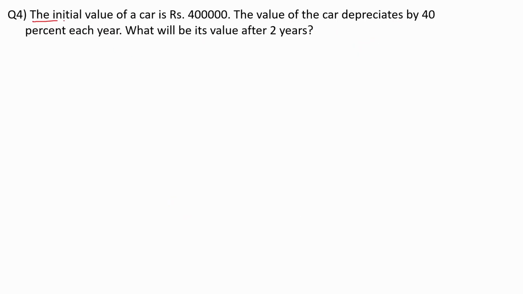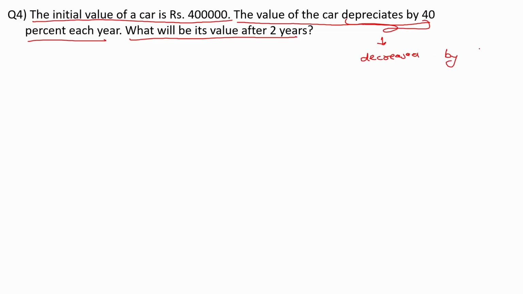The initial value of a car is 4 lakhs. The value of the car depreciates by 40% each year. What will be its value after 2 years? Here depreciates means the value gets decreased by 40% with each year. So here I was given the initial value.